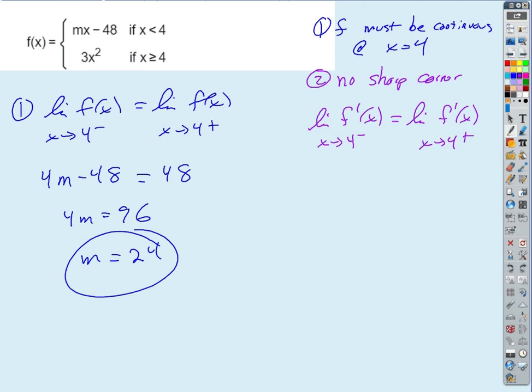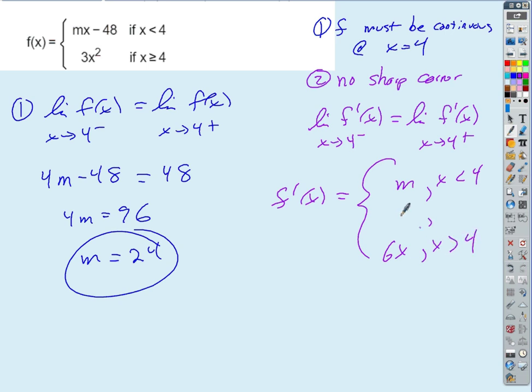So if we do that, now let's calculate our derivative function first. What's f prime of x? If f of x is mx minus 48 for the top piece and 3x squared for the bottom piece, what's the derivative of f of x? m on the top, right, when x is less than 4. And what is it down here? 6x, when x is greater than 4.